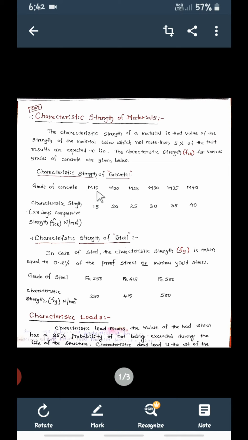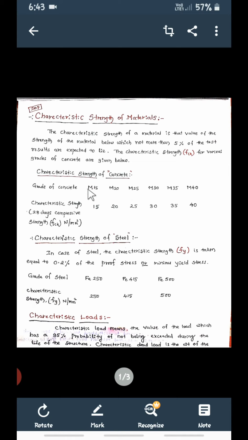That is, M15 means characteristic strength of concrete after 28 days of curing should not be less than 15 Newton per mm square. If I say M15, the compressive strength of that concrete should not be less than 15. If it is more than 15, then we grade it as M15 concrete.